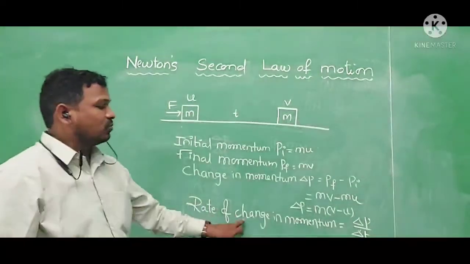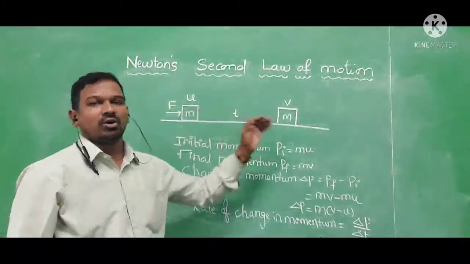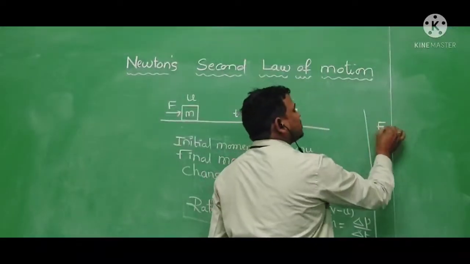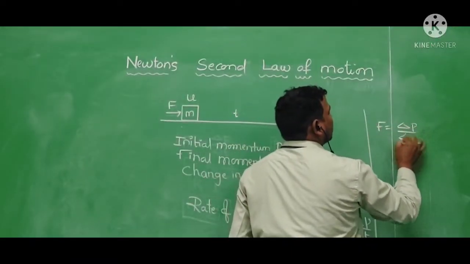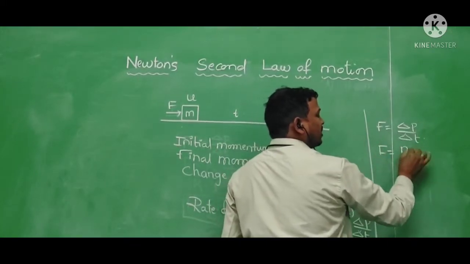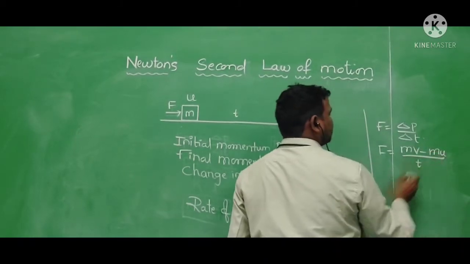The rate of change of momentum is nothing but the applied force on the body, so F is equal to delta p by delta t. F is equal to delta p, which can be written as mv minus mu, by t.